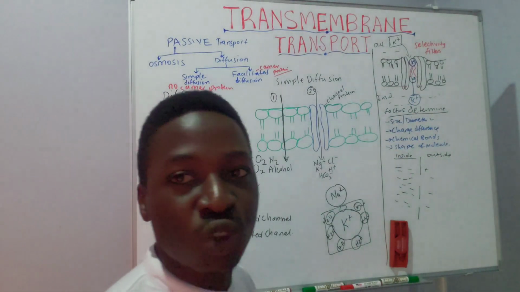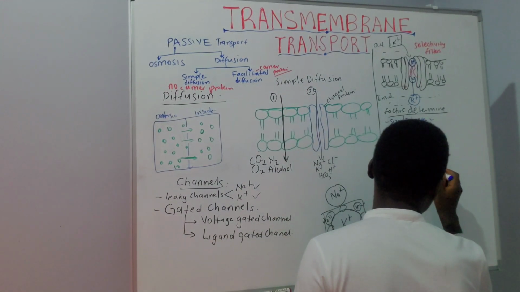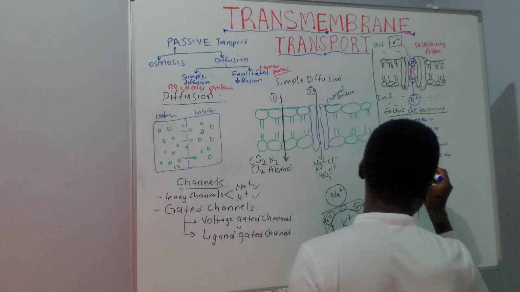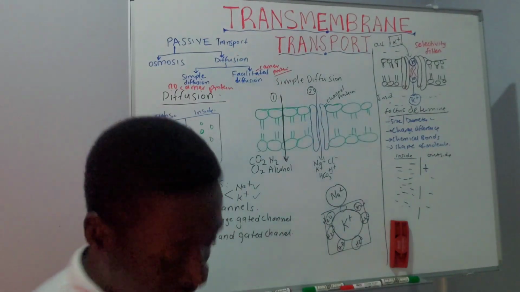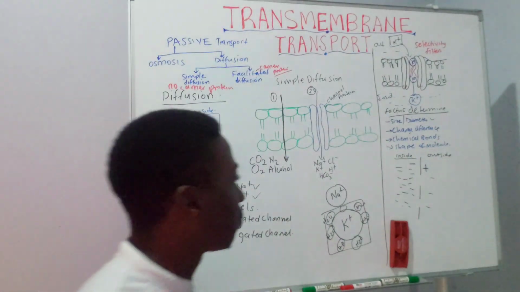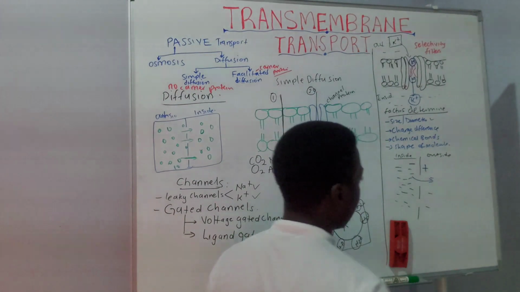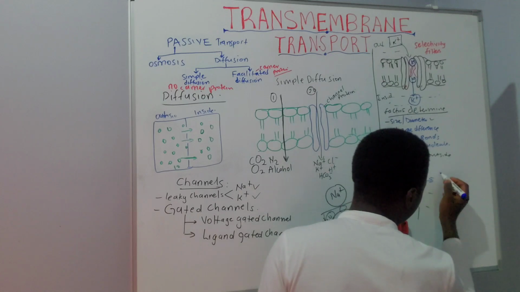So if I introduce a positive charge on the other side of the membrane, and then I introduce a negative charge on this other side of the membrane, what is it going to do? The positive charge is going to attract negative ions towards this other side of the membrane.